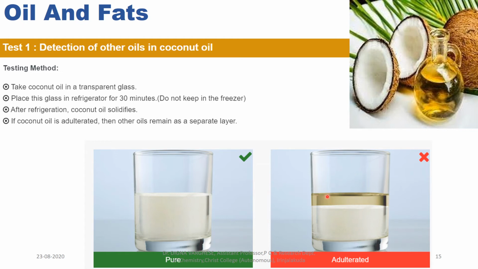The other oil remains as a separate layer and the coconut oil is in solid form after 30 minutes. So we can easily test by using a refrigerator whether our oil is adulterated or not.